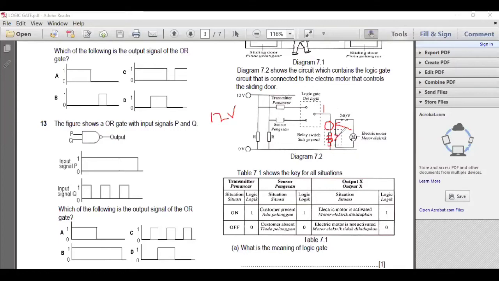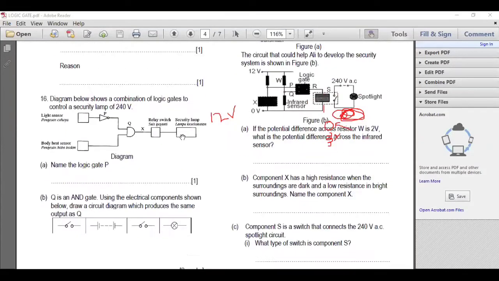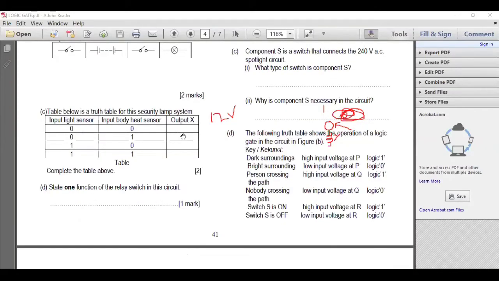So a relay switch is required because we want to switch on a circuit that uses higher voltage. Now they ask you what is the function of the relay switch, right? So the answer will be to switch on and off a circuit that uses high voltage.